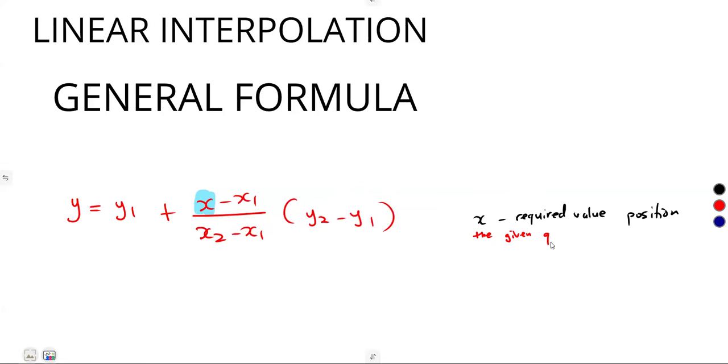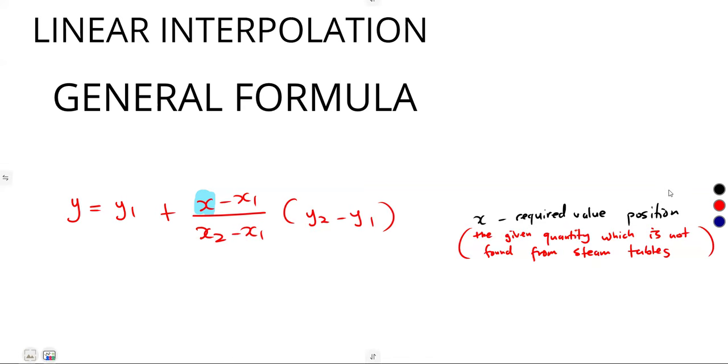The given quantity is not found from steam tables. We do not have that from our steam tables. Is your x there the required value position, is it temperature?